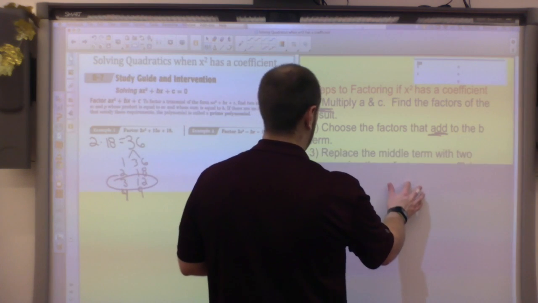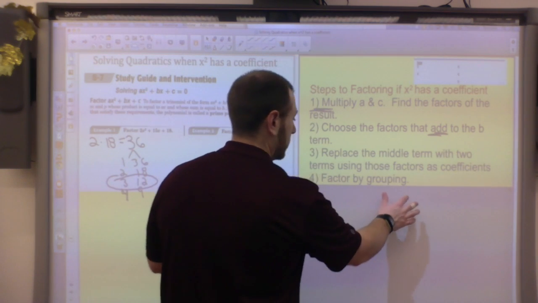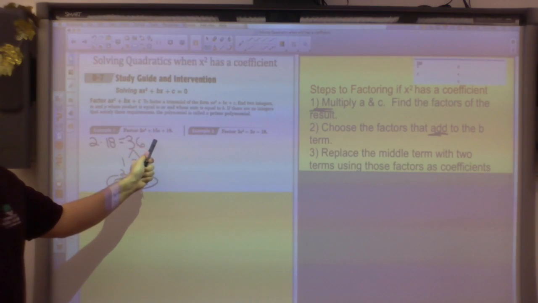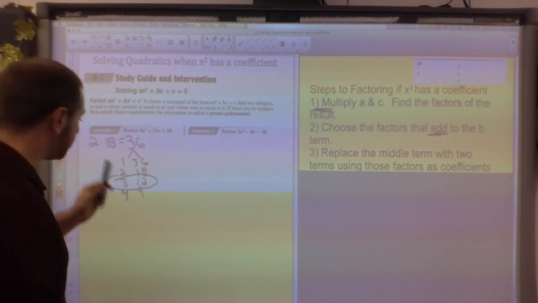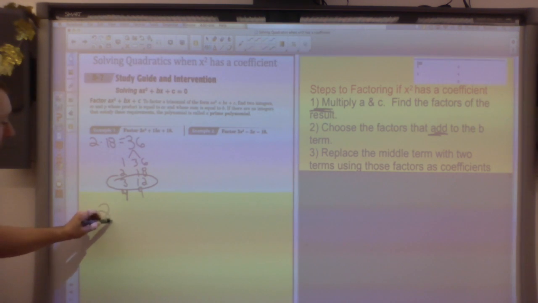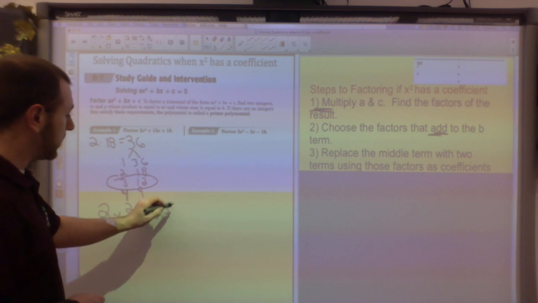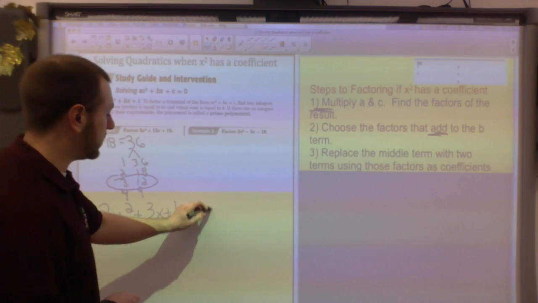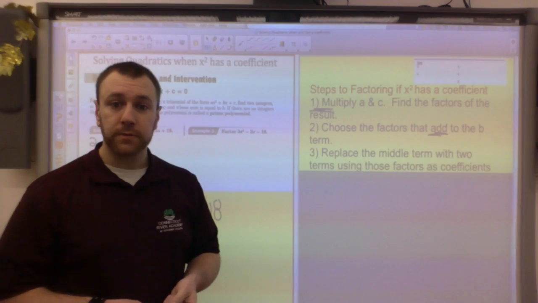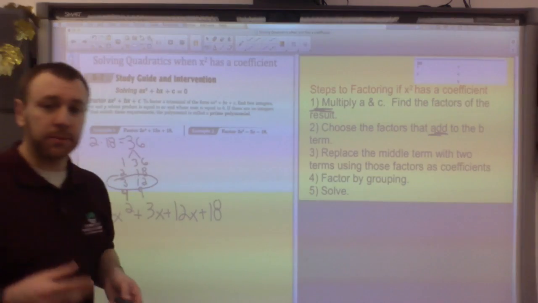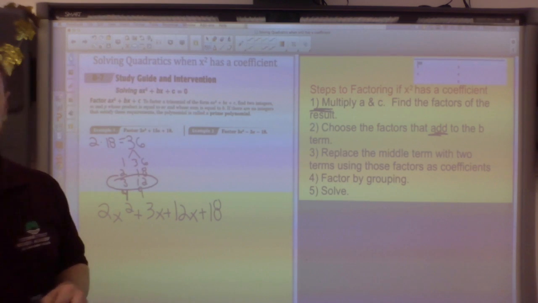The next step is I replace that 15x with these factors. So I would start off with 2x squared plus 3x plus 12x plus 18. Now I factor by grouping and then I solve.